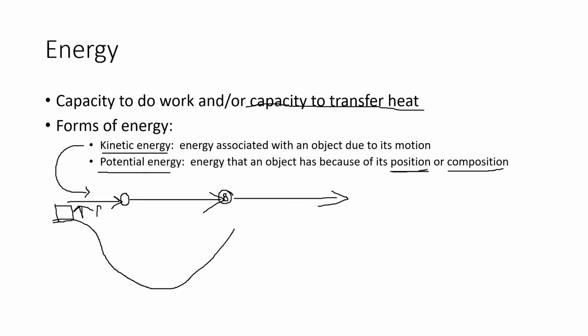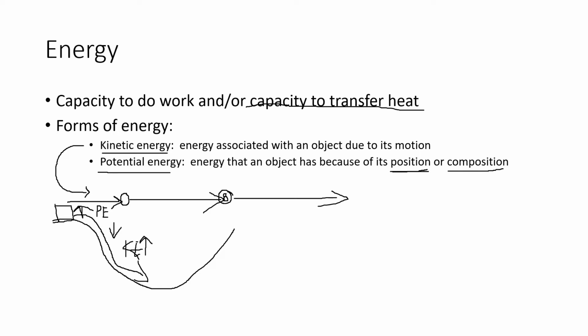So you have energy that's associated with the position. And once that car teeters over the edge, potential energy decreases and kinetic energy increases due to the motion or movement of that roller coaster car.